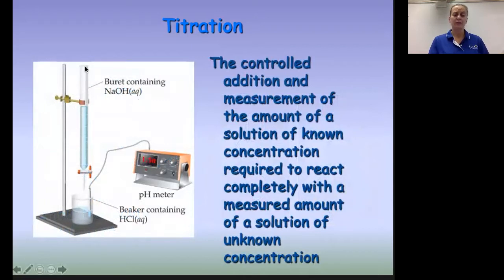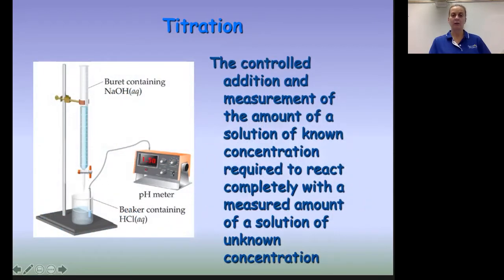So when we do a titration, we need to know the volume of the standard or the known solution very, very accurately. And we also need to know the volume of the unknown solution very accurately. And so we will usually use a volumetric pipette in order to measure out the volume of the unknown, because that gives us a very exact amount.